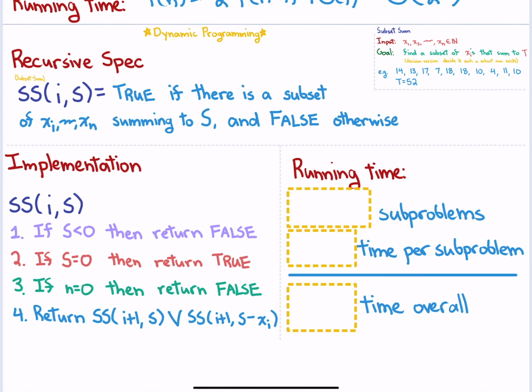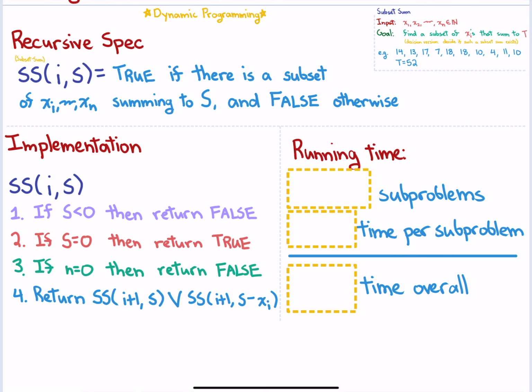Caching. All I've done here is write it a little differently so it's easier to imagine in a table. Now x1 to xn is fixed globally, and when I use the parameter i, that means I'm using the numbers xi through xn. So S(i, s) means I'm trying to figure out a subset of xi through xn that sums to s.